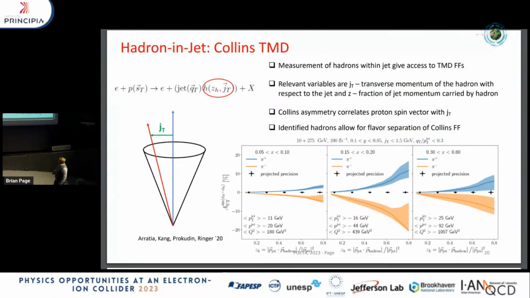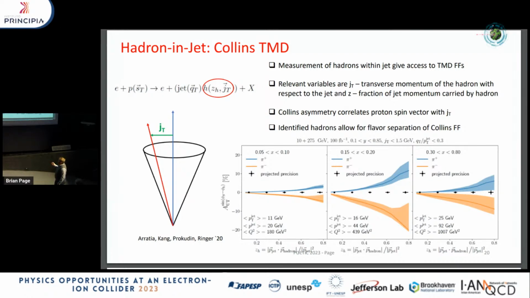And then kind of a corollary to that, if we look at, say, hadrons within the jet, this is something that we do at RHIC, of course. STAR has released several papers looking at asymmetries based on the position of the hadrons within the jet. We can do the same thing at the EIC. And again, like with the Sivers, we can isolate just the fragmentation function part without convoluting it with the PDF.